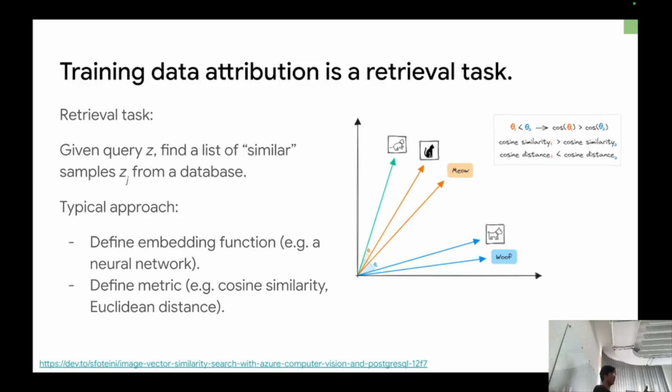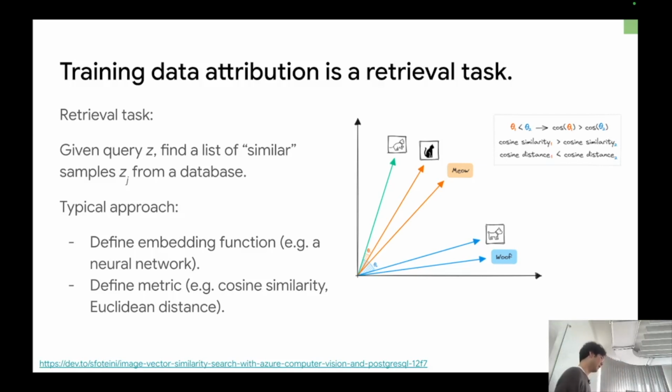You embed the raw data sample into some vector space, and in the vector space you do a dot product. So what is retrieval? The task itself is, given a query, give me similar samples in the database.